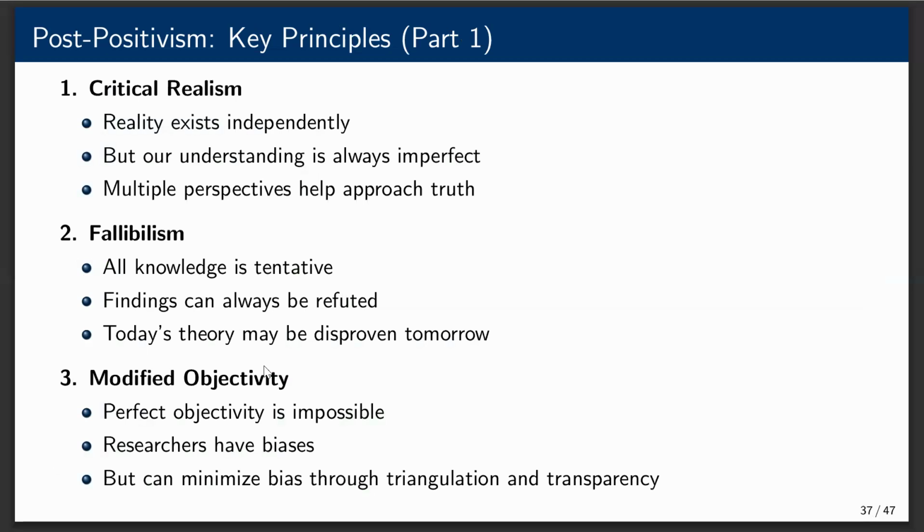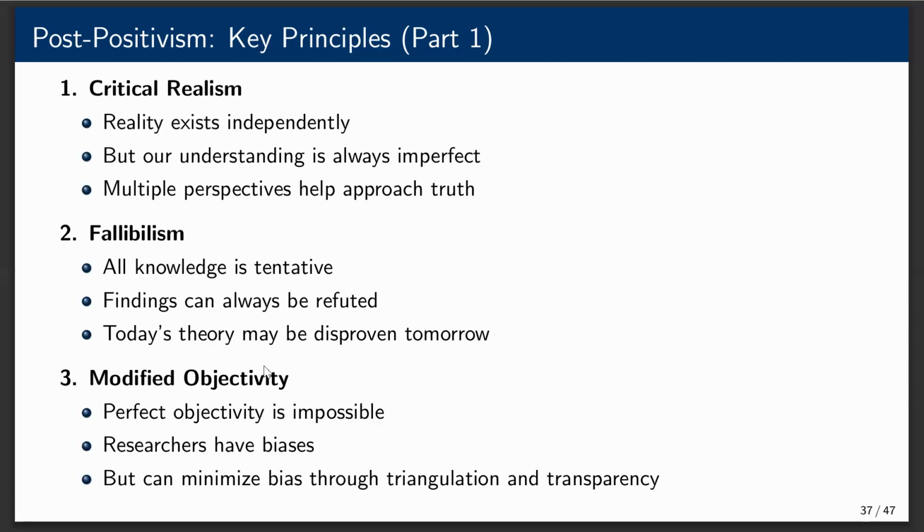So what are the key principles of post-positivism? Critical realism: reality exists independently, but our understanding is always imperfect. Multiple perspectives help approach truth. Fallibilism: all knowledge is tentative. Findings can always be refuted. Today's theory may be disproven tomorrow.